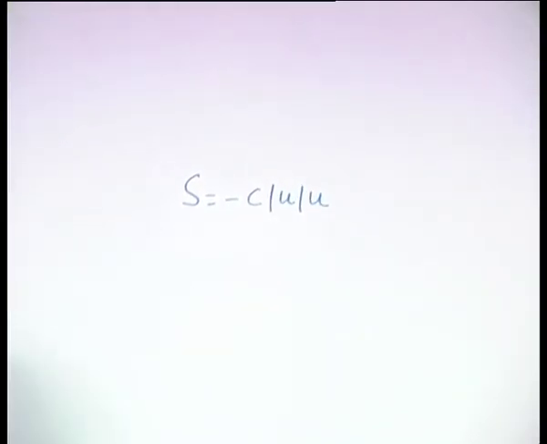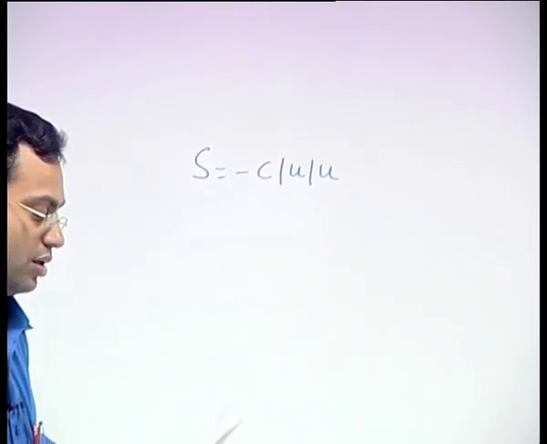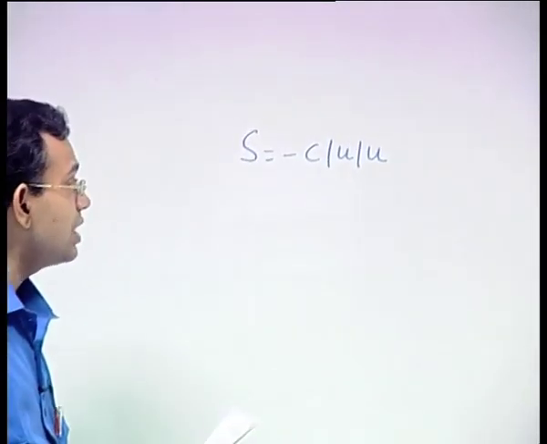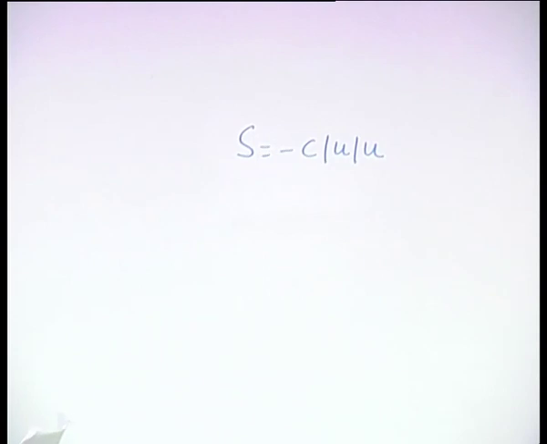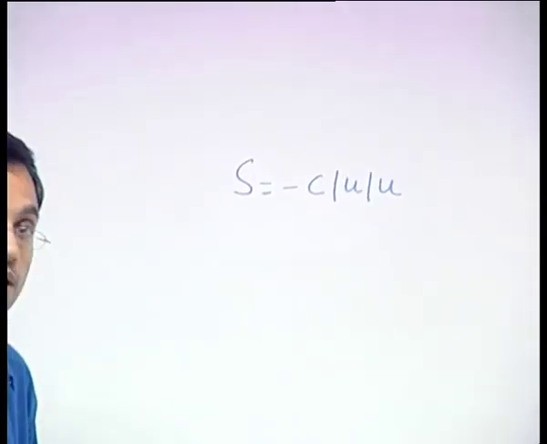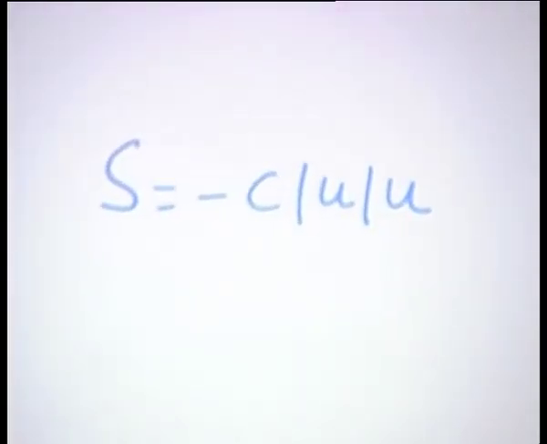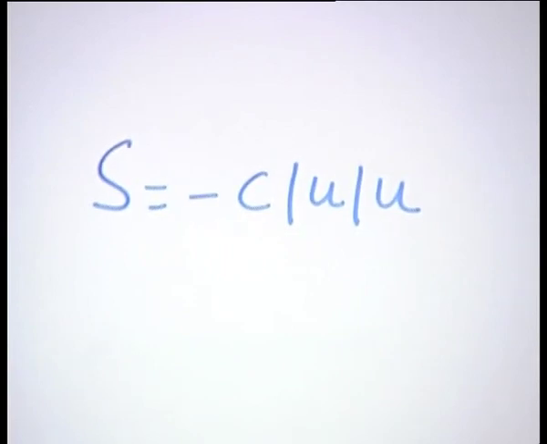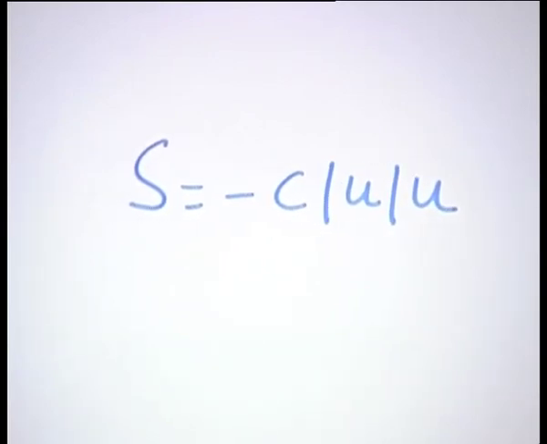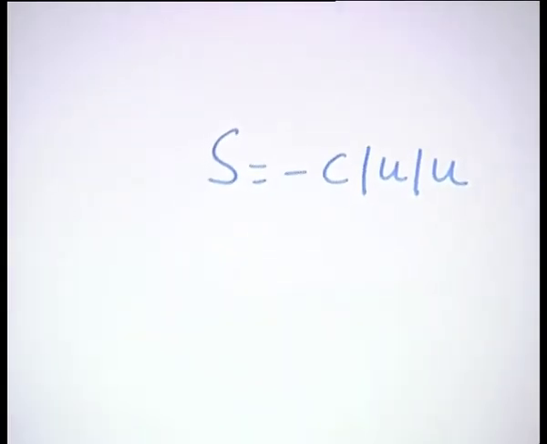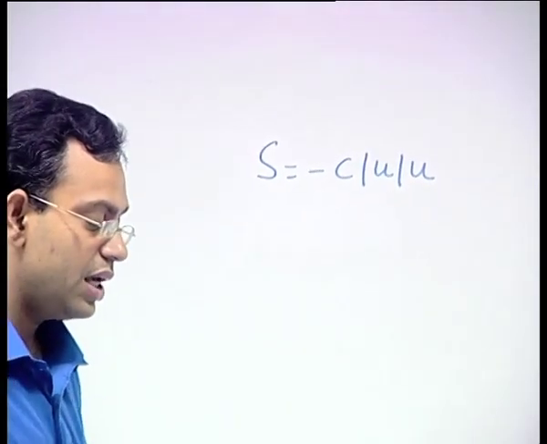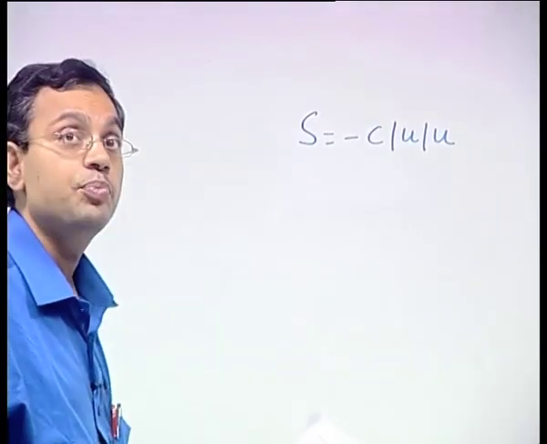This is a source term for the x direction momentum equation, which represents a resistance against flow through a porous medium. Here C is a positive constant and u is the velocity component in the x direction. The question is, write the best linearization of the source term by giving the expressions for SC and SP.